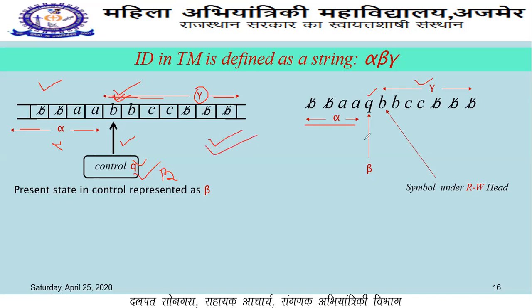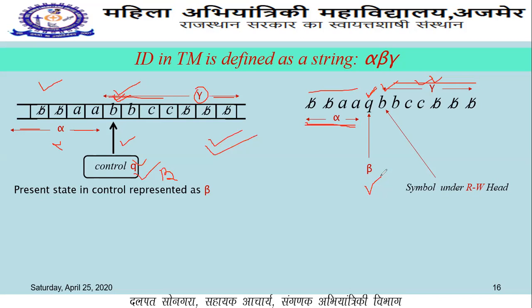You can see our beta is our state and it is reading the leftmost symbol of our gamma string, that is this b, and this is the left string, that is alpha, which we can say is earlier processed, and this is the right string according to the current state.